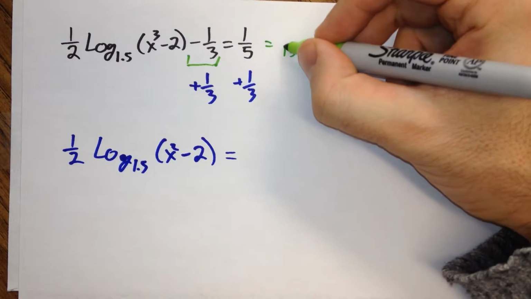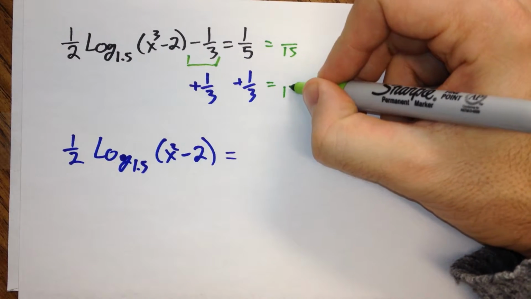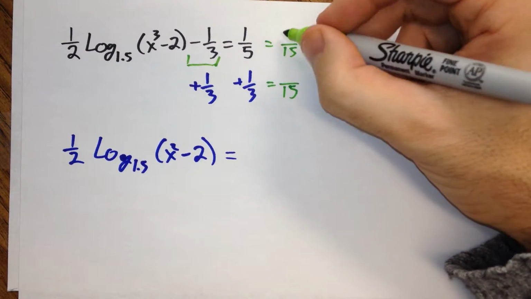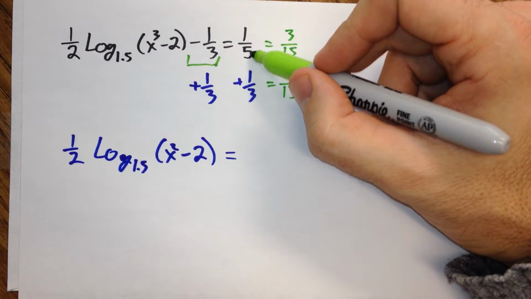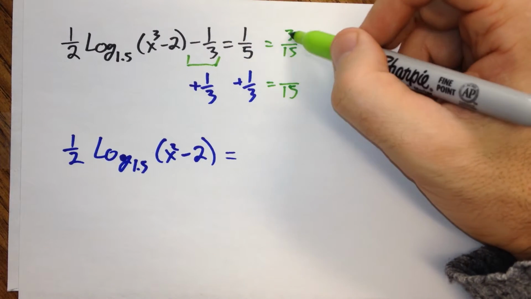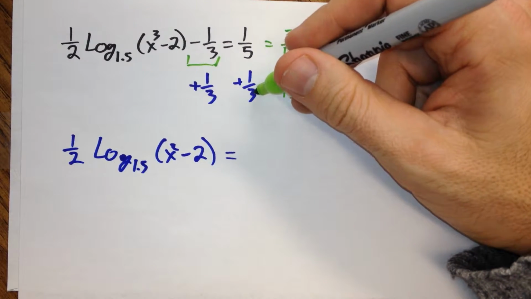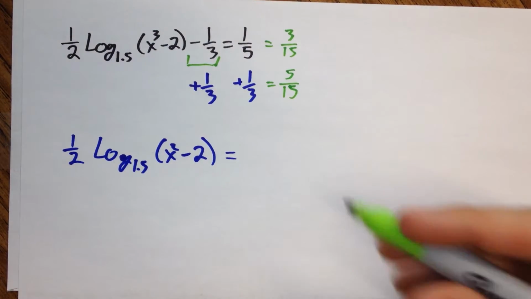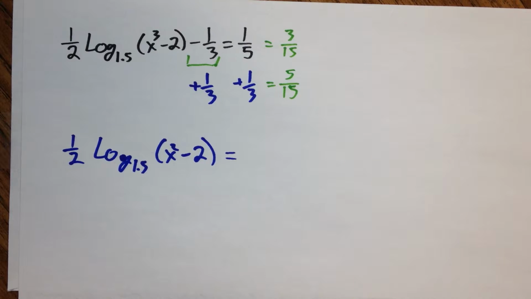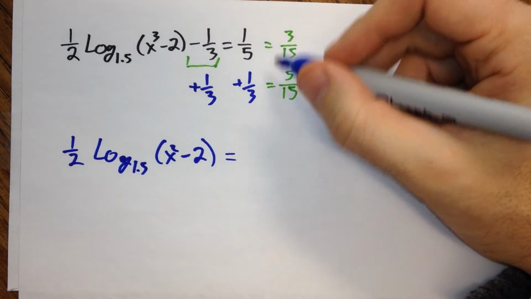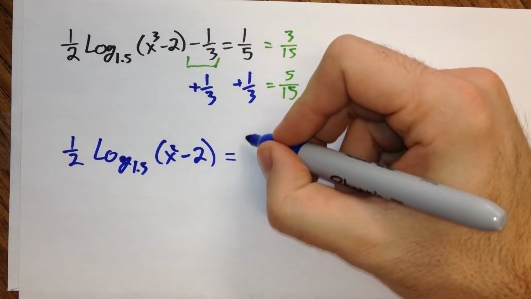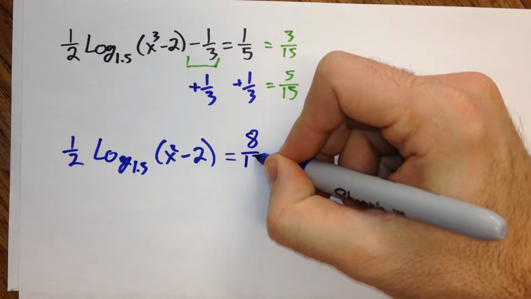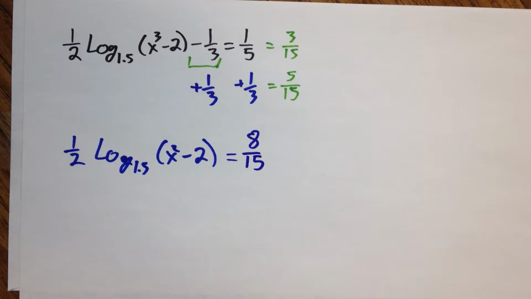And I'm going to notice that this part is 15, this part is 15, and this is 3/15 because I had to multiply the 5 by 3. So 1 times 3 is 3. And here I had to multiply the 3 by 5 to get 15, so I get 1 times 5, which is 5/15. Put those together, and now it becomes pretty clear that we have 5/15 on the bottom, 3/15 on the top, and so we have 8/15 altogether.